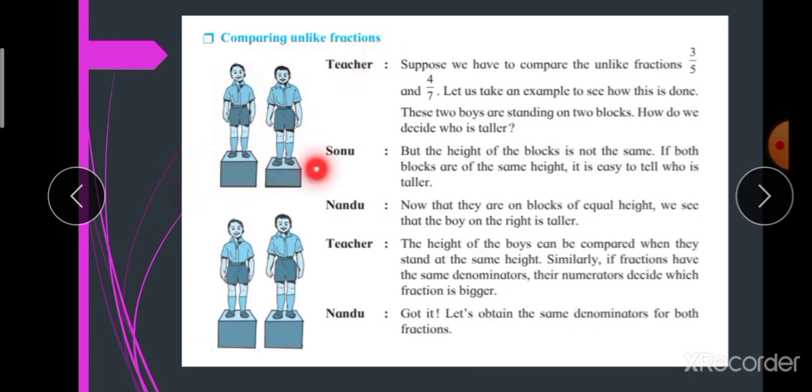See, comparing two persons, if they look same, then it is easier. But if they are not looking same, how to compare them? Such as if I have 3 upon 5 and 4 upon 7, these are two unlike fractions. Unlike fractions means the denominators are not same. The denominators 5 and 7 are not same.